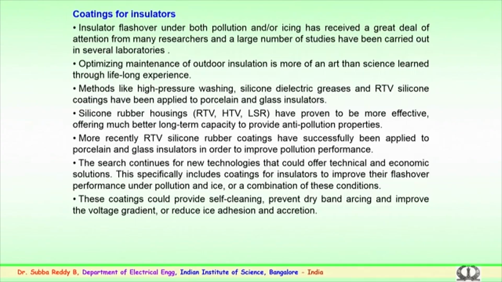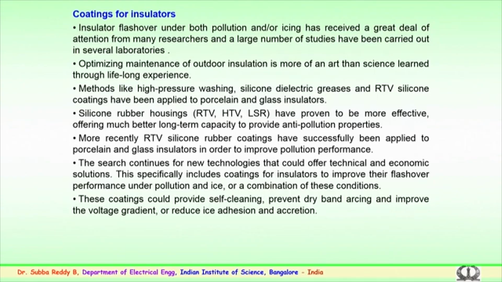More recently, RTV silicone rubber coatings have successfully been applied to porcelain and glass insulators in order to improve their pollution performance. This happens at higher voltages above 400 kV, where pollution or contamination is a serious threat for both AC and DC transmission systems. Applying RTV coatings to glass or ceramic insulators has shown better performance in the field.